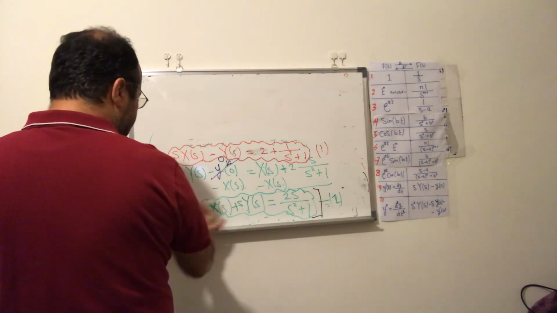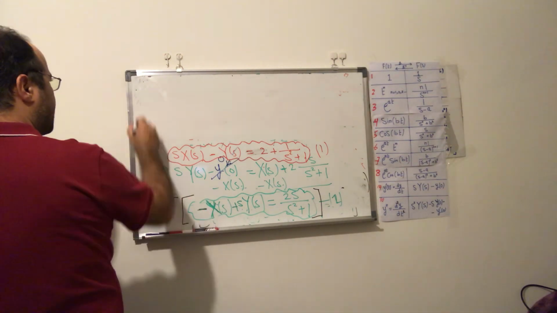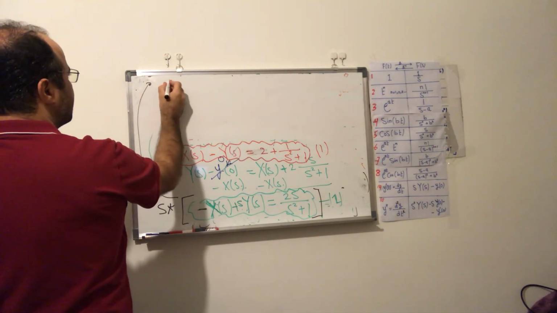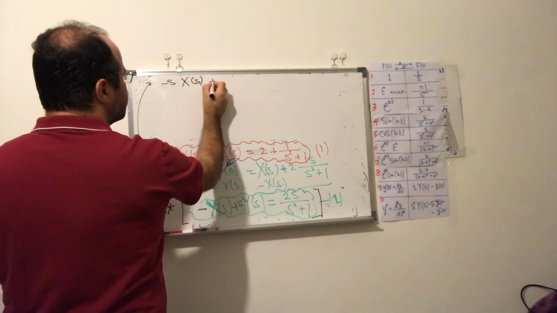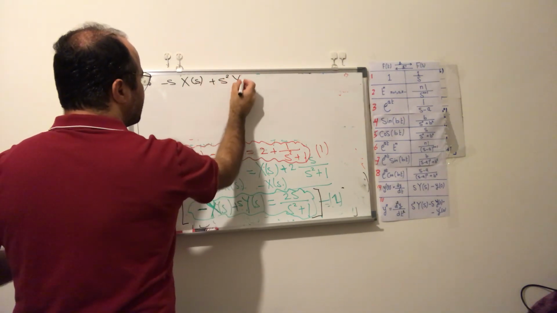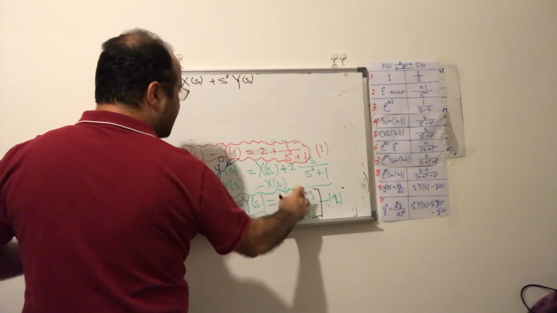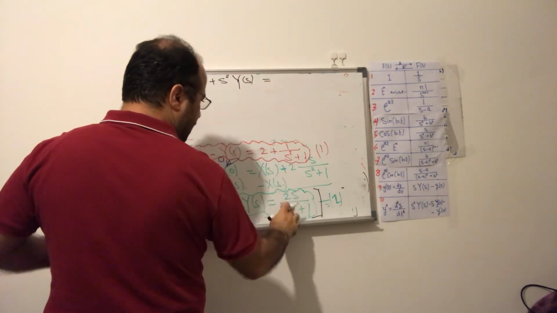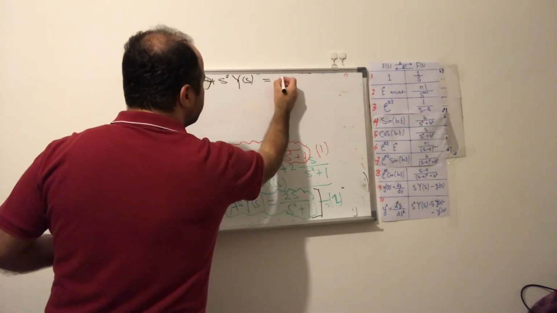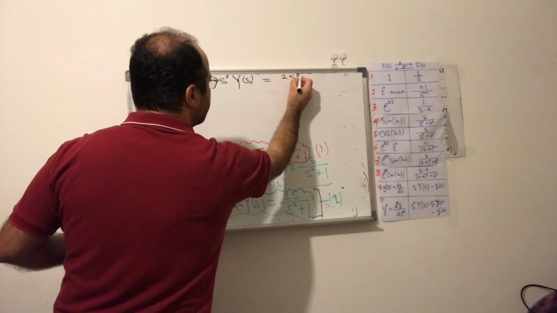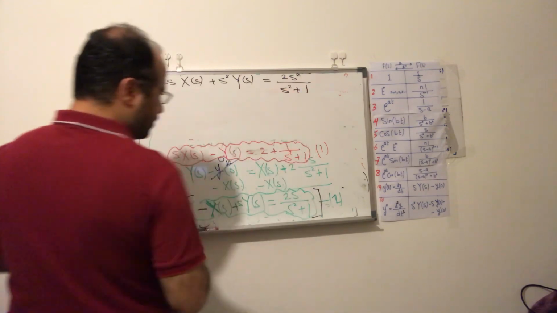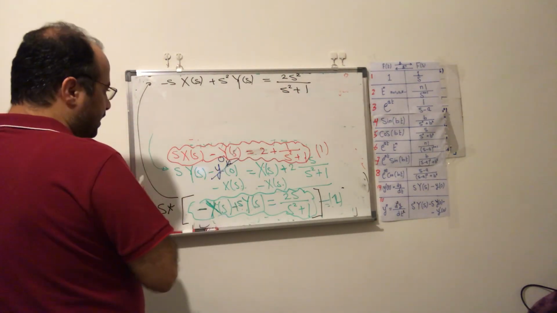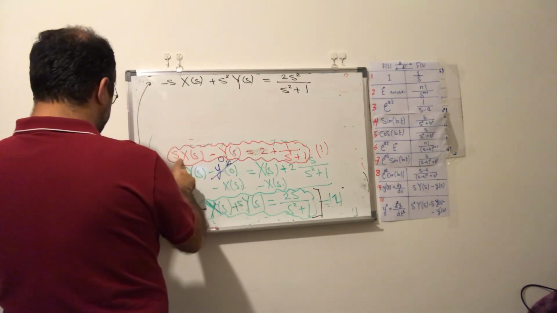And now if I multiply this with s and I write the equation here, then I'm going to have minus s X(s), and I'm going to have plus s squared Y(s), and then here you're going to have equal to, now multiplying with s, you get 2s squared over s squared plus 1. Good?